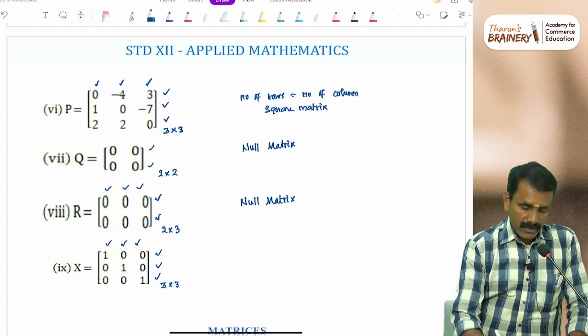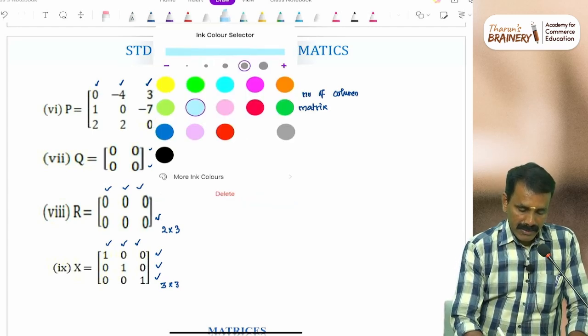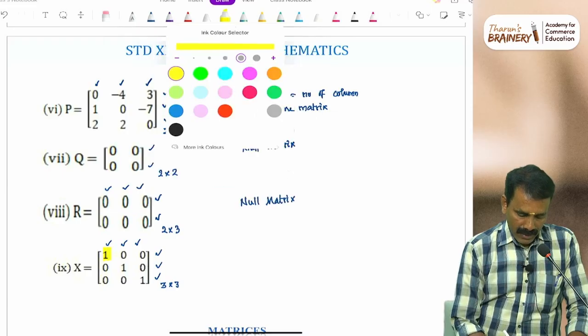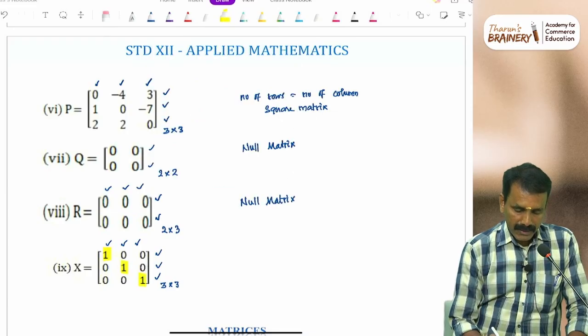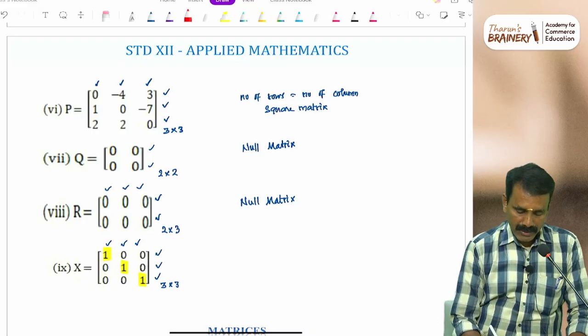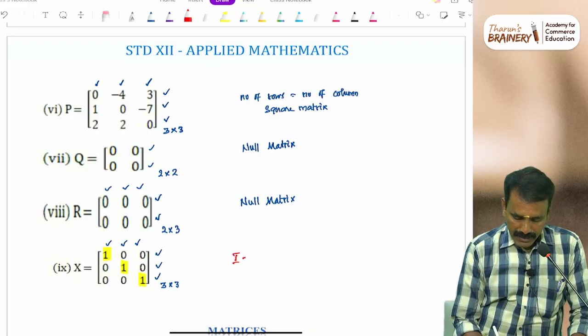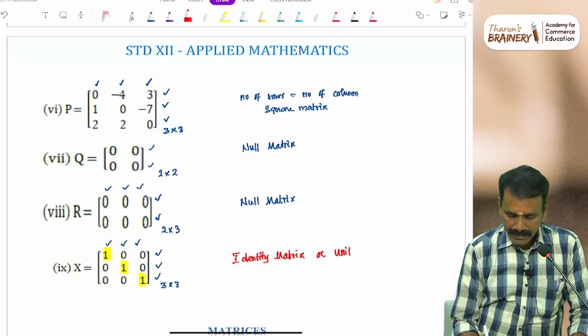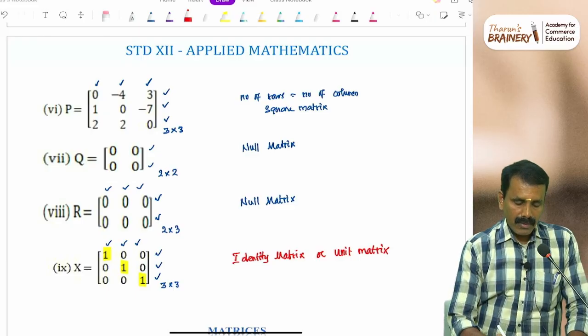Now, the main diagonal elements are equal and naturally it is equal to 1. So, this is called an identity matrix or unit matrix.